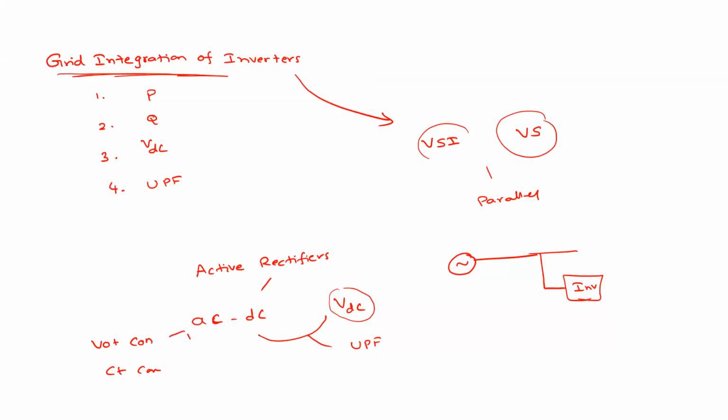When we connect two voltage sources in parallel, is it possible to connect two ideal sources in parallel? If it is possible, when can we do that?